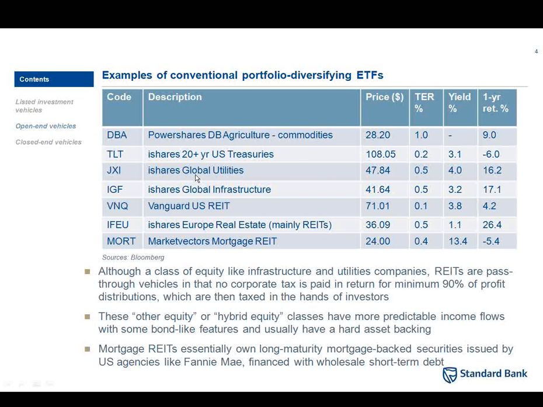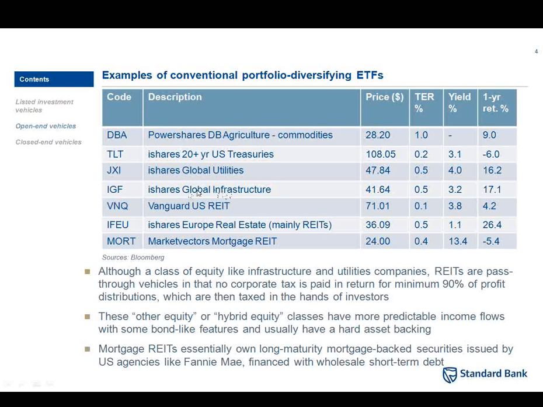Then here's a utilities one I'm showing you, and then an infrastructure one from the iShares. Notice both of them have similar returns, 16-17%, and quite above average yields, 3 to 4%. There's quite a big overlap between utilities and infrastructure, by the way.